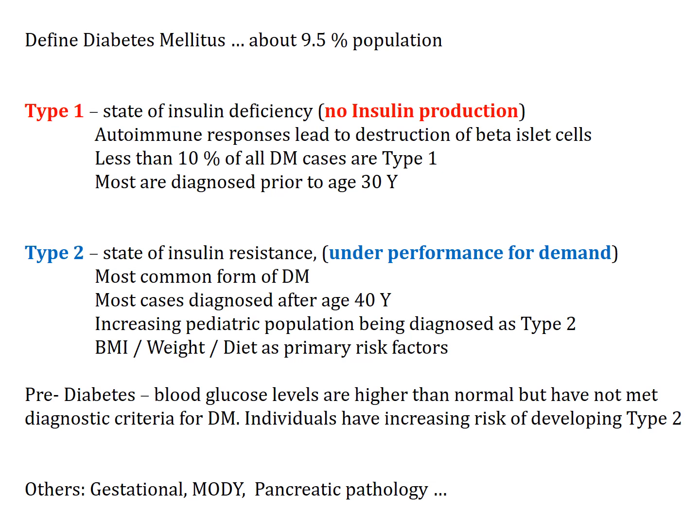Type 2 diabetes is most commonly diagnosed after the age of 40, but more and more young individuals are being diagnosed with type 2 diabetes. Body mass index, weight, and diet are huge risk factors for type 2 diabetes.